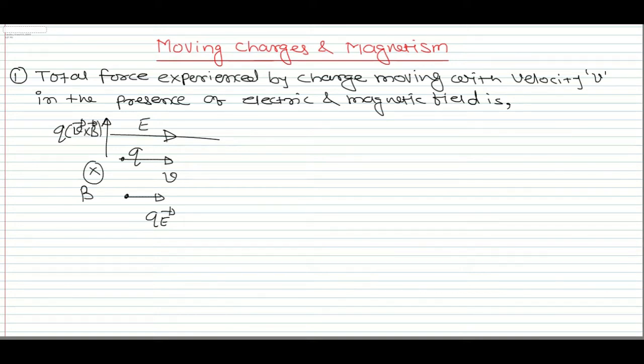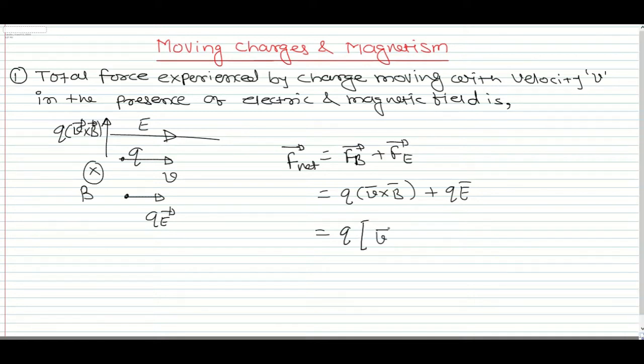and due to both these fields we have the net force, and that net force is the force due to the magnetic field plus the force due to the electric field. The force due to the magnetic field is q v bar cross B bar, plus the force due to the electric field is q E bar, and if you take q common it will be q times v bar cross B bar plus E bar.